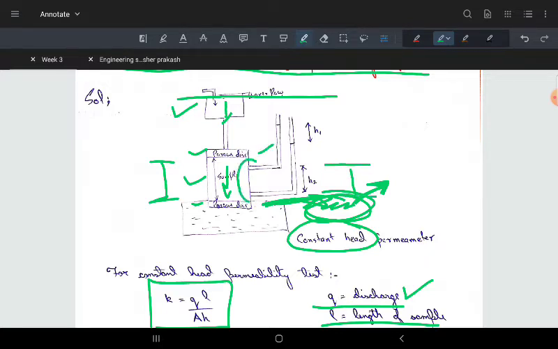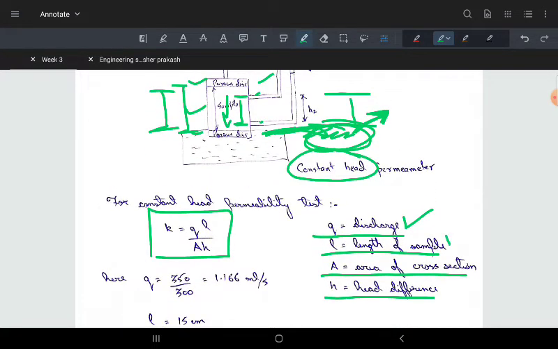Because we are considering only this part, it is not the whole. Please note that it is the distance between the tappings, because in these two locations we are finding the permeability.